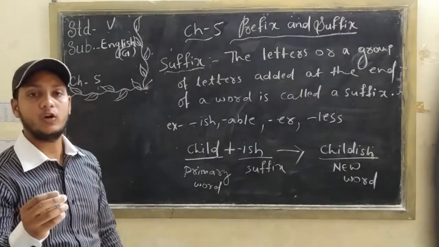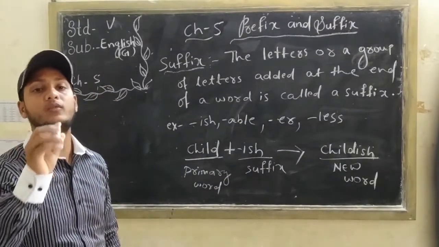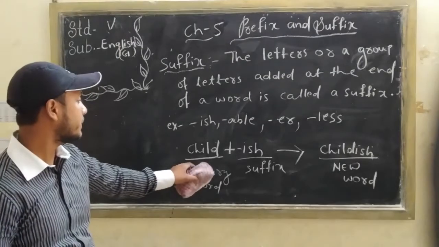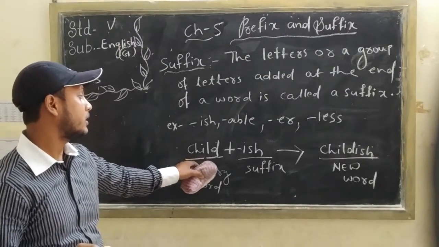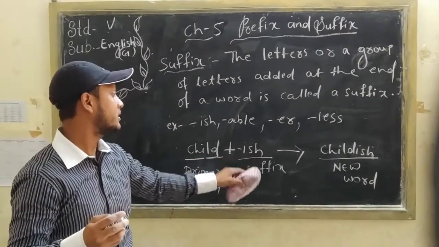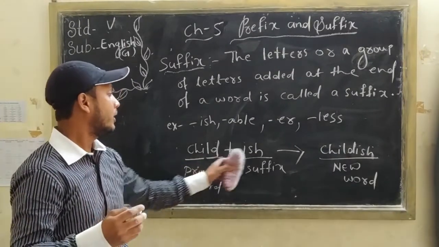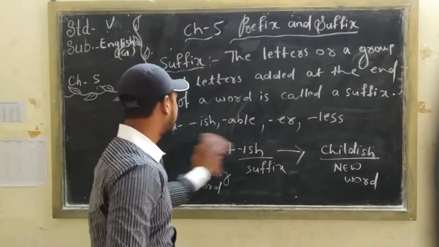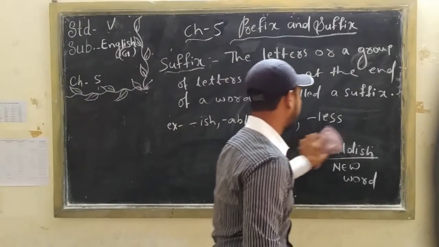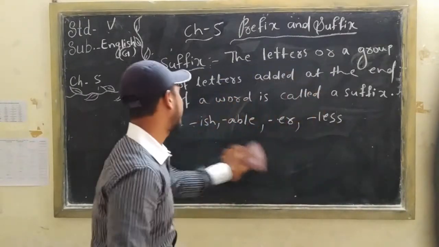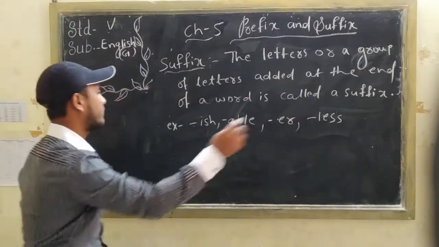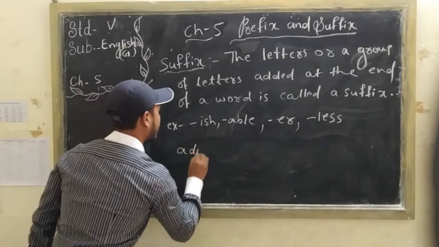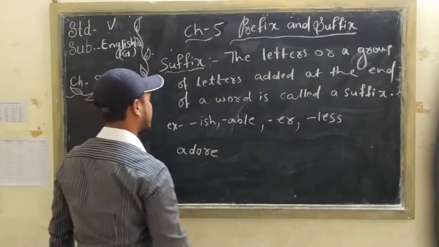The new words are formed by the addition of prefixes or suffixes. The primary word child, and we have added ish, that is your suffix, to make a new word, that is childish. Similarly, we can add some more suffixes to words. Door.